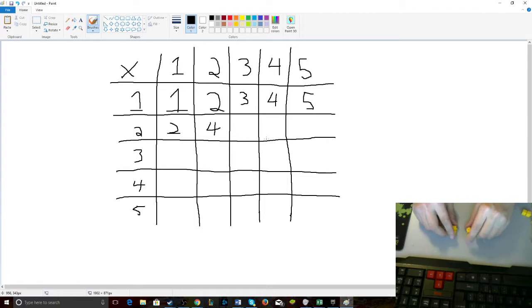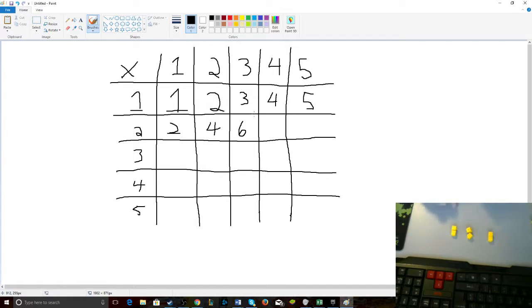Now, if we have 3 groups of 2, how many blocks are there total? There's 1, 2, 3, 4, 5, 6 blocks total. So 2 times 3, 2 groups of 3 is 6.